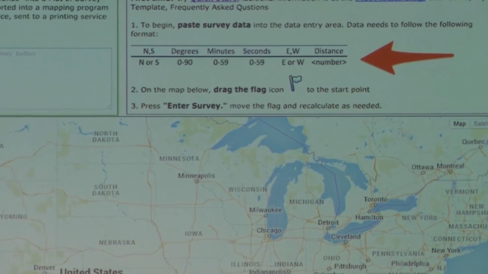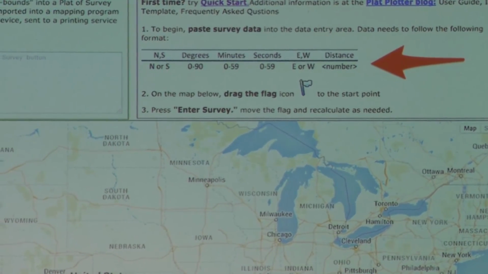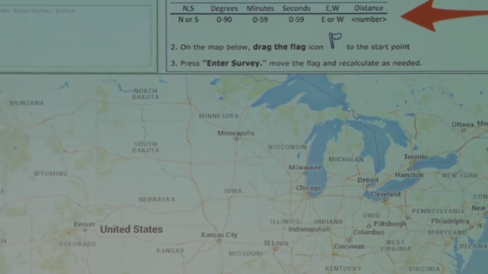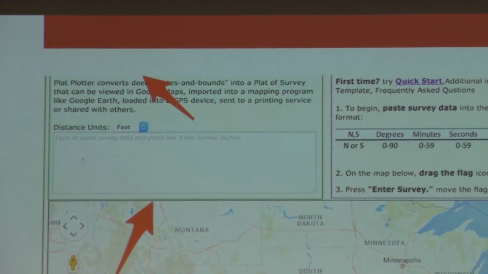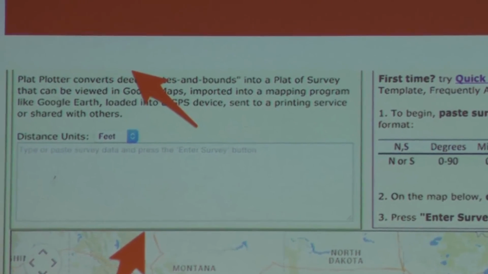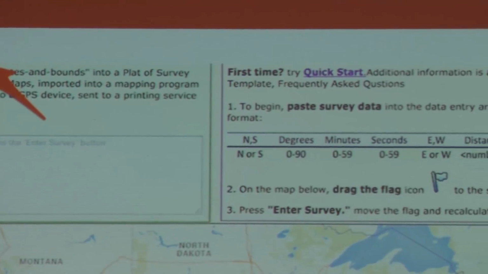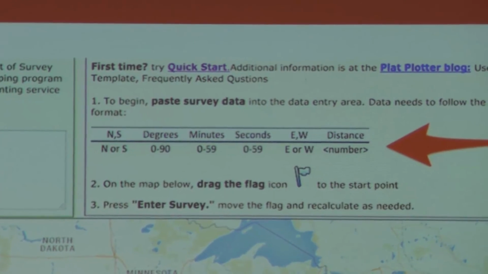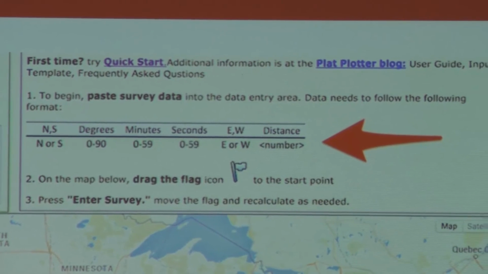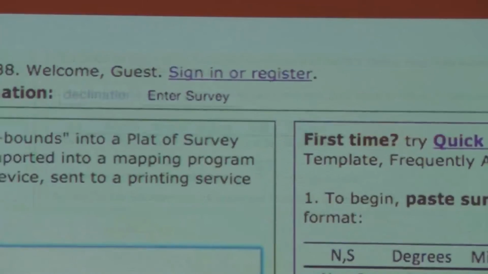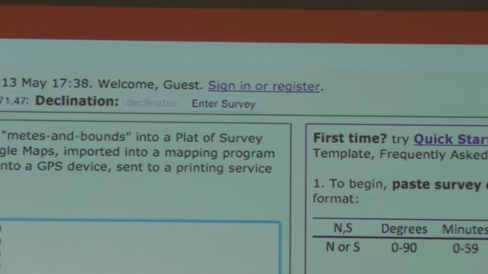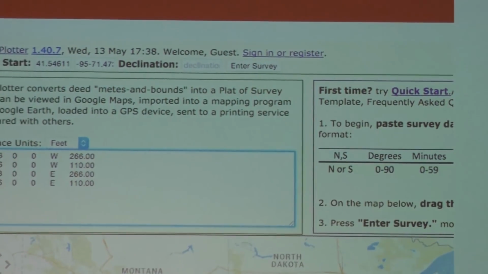They're saying northerly direction, so many feet, southerly direction. So we're going to say north, so many feet, so many degrees, and then so much distance, west, and a distance, and so forth. So we're going to put it into a little diagram, and there's what the diagram looks like when you get that all in there.